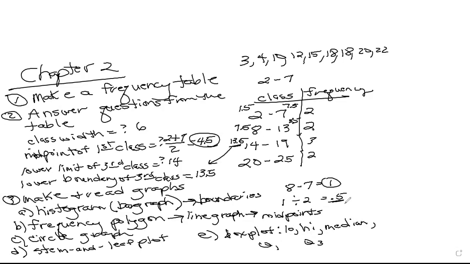And so chapter 2 is mostly frequency tables and graphs, making them and reading them. So you had problems out of the book, and you had web work problems on that.